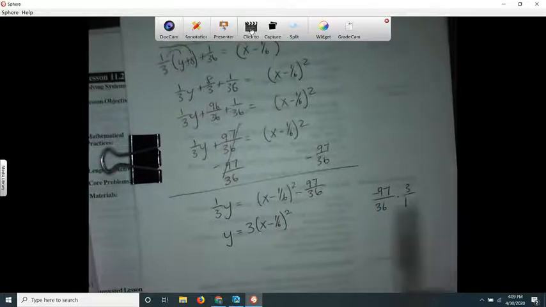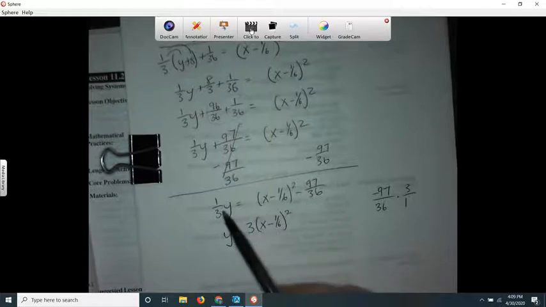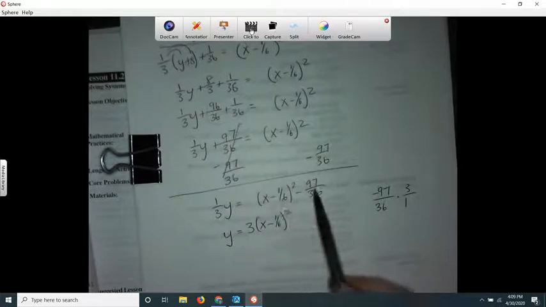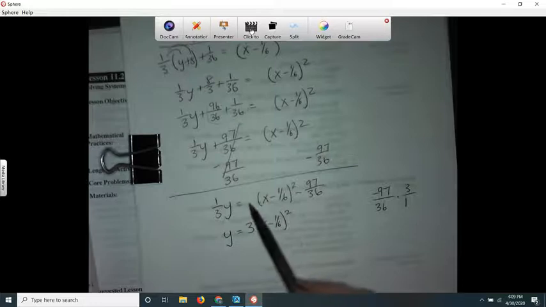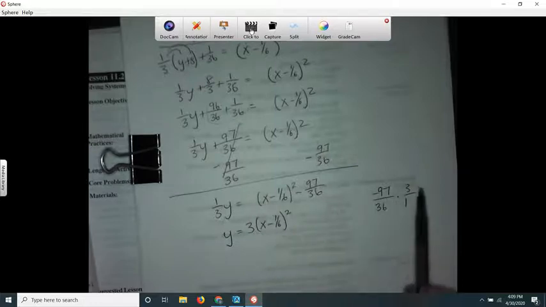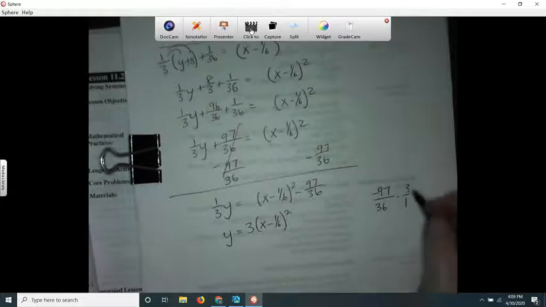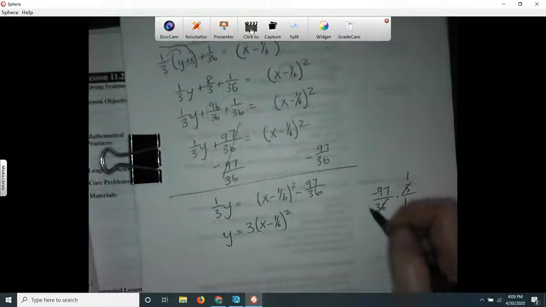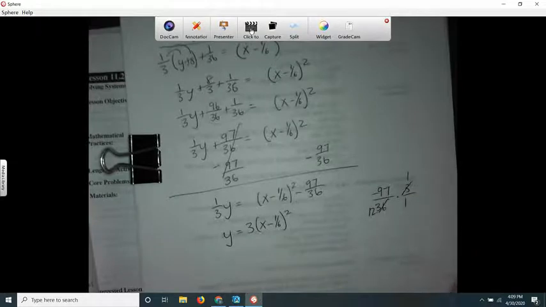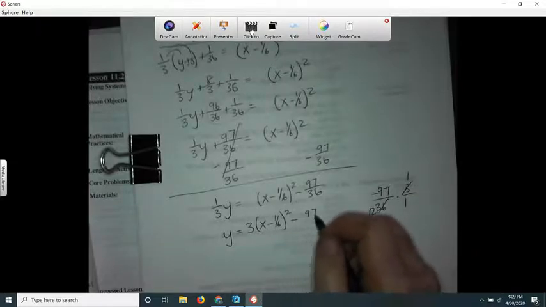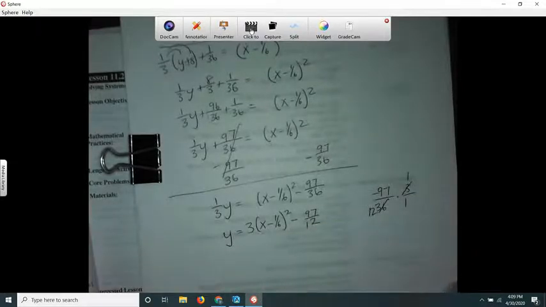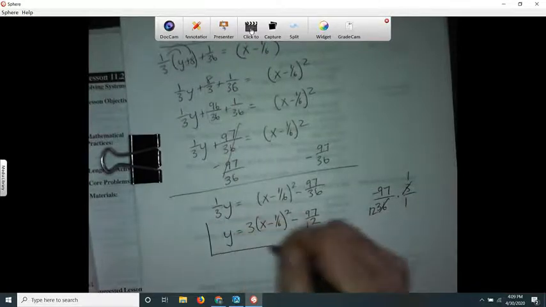Because I have to multiply both of these by 3, this one's easy, I just put a 3. This one, I don't really want to find out what 3 times 97 is. I'm just going to cancel out. So now I've got negative 97/12. And so that's graphing form. That's good enough for graphing form.